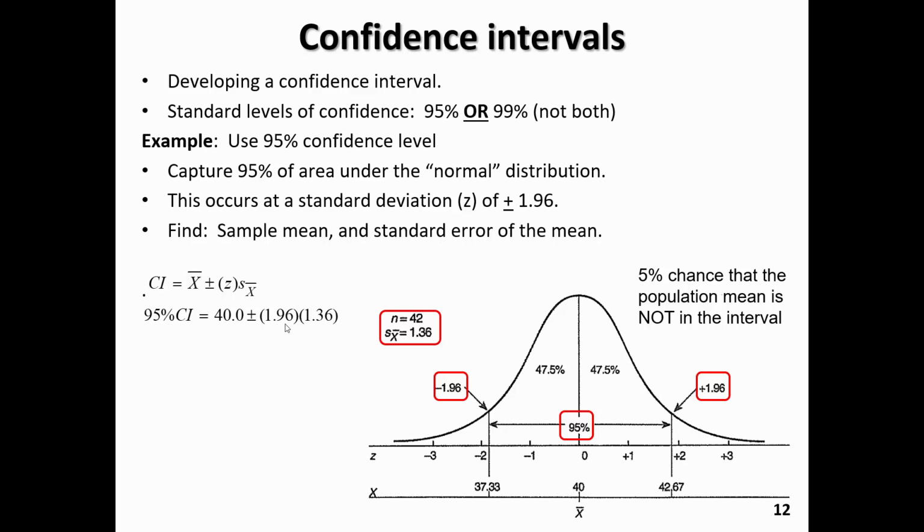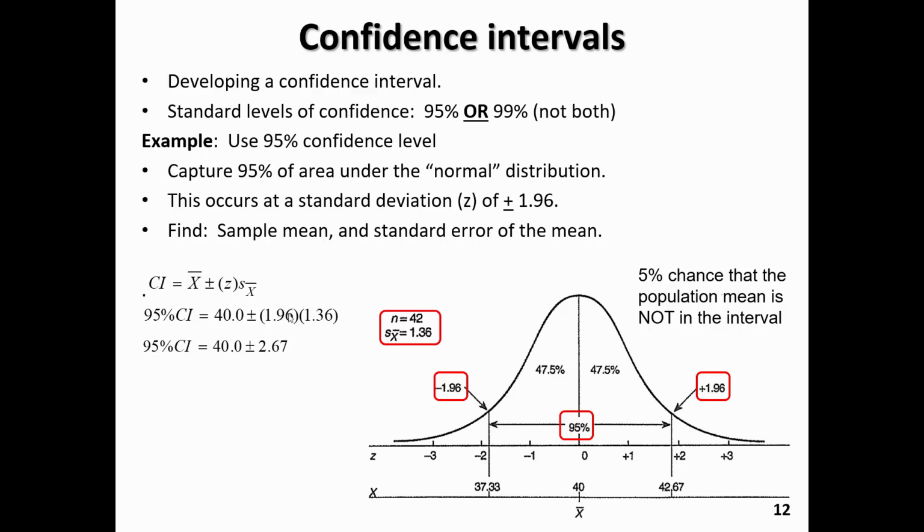Remember, we settle on 1.96 because we determined that we want 95% of the area under the curve. And we multiply that by the standard error of the mean, which was already calculated here at 1.36.